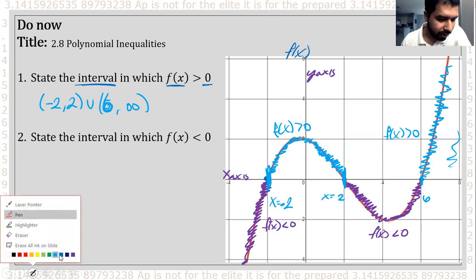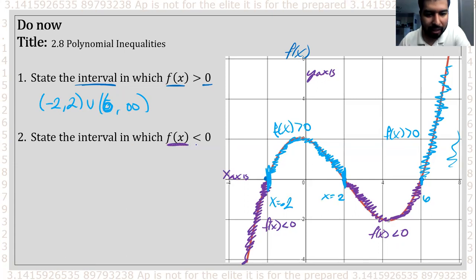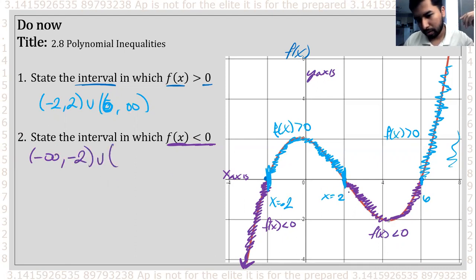The next one is asking about when f of x is less than 0. Keep in mind that the little Pac-Man sign, that inequality sign, is going to go towards 0. That's how I know it's less than 0. So all these purples that have been written, from this right here all the way left, the smallest number that I know, so it should be -infinity, and it's going up all the way to -2, union from 2 to 6.